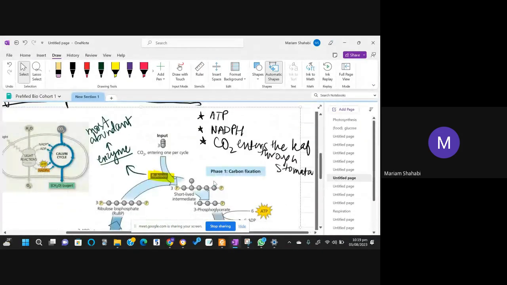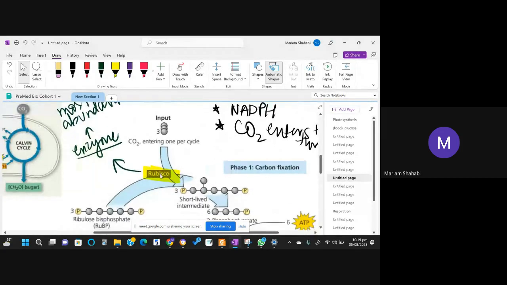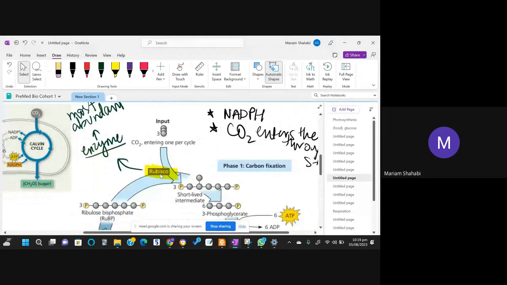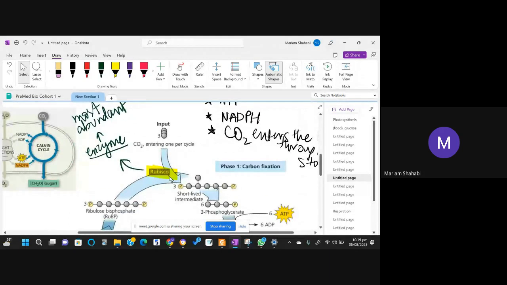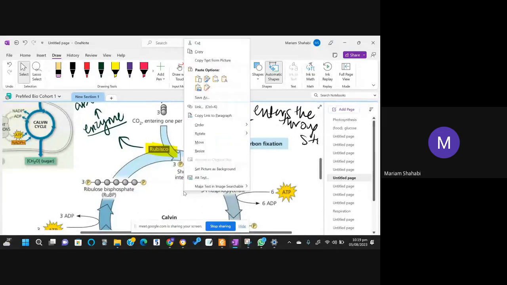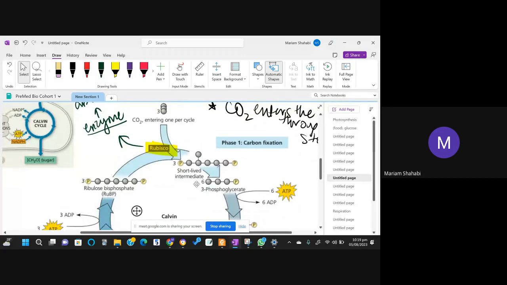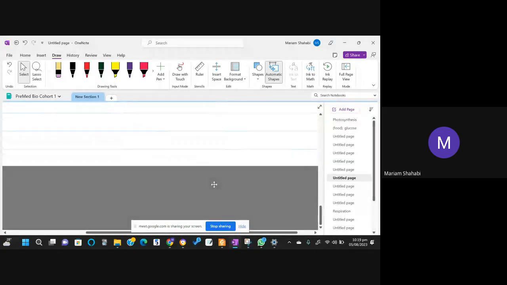So what Rubisco does is it will convert this carbon dioxide. Carbon dioxide is simply one carbon molecule. It will take 3 carbon dioxide molecules, and it will create a short-lived intermediate compound.